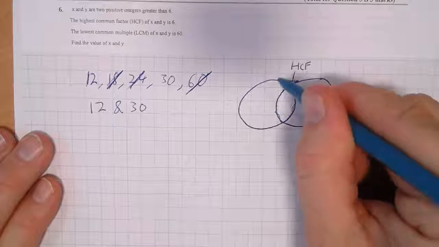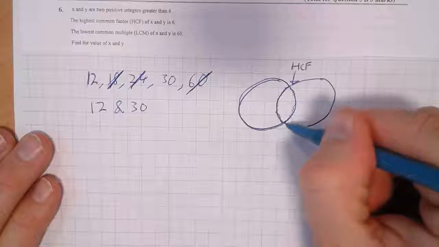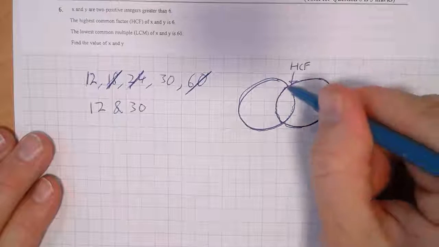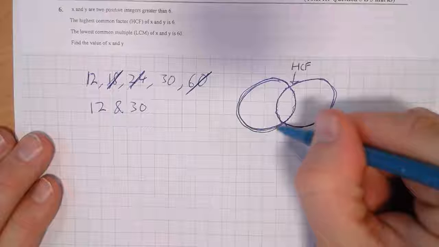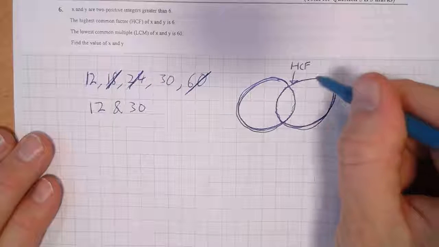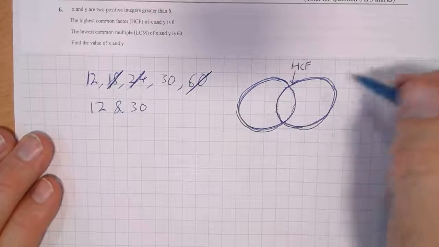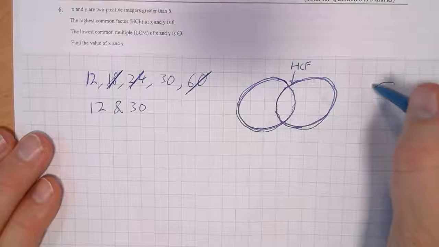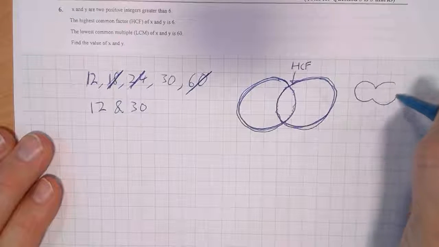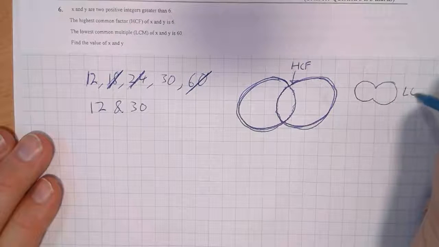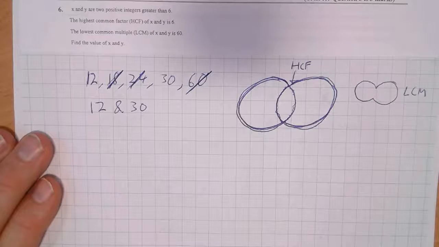And we know that the whole lot, everything, sort of like the MasterCard symbol, the whole thing is the lowest common multiple.